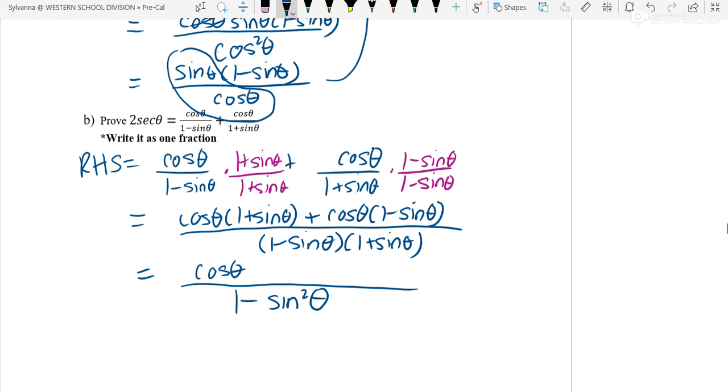And if I did that, I'd be left with 1 plus sine theta plus 1 minus sine theta. And if you collect the like terms at the top, my sine thetas would cancel out because it's sine theta minus sine theta. So that I'm just left with 1 plus 1, which is 2. In other words, I have 2 cos theta.